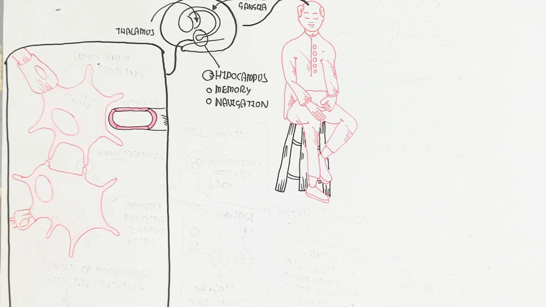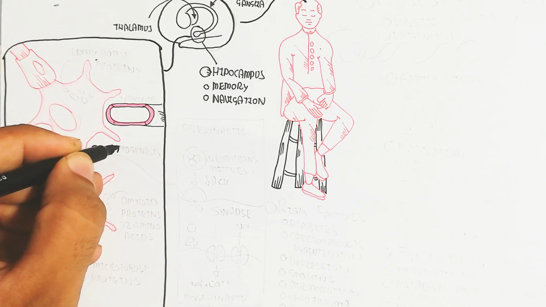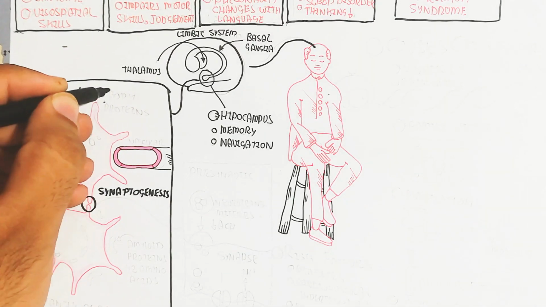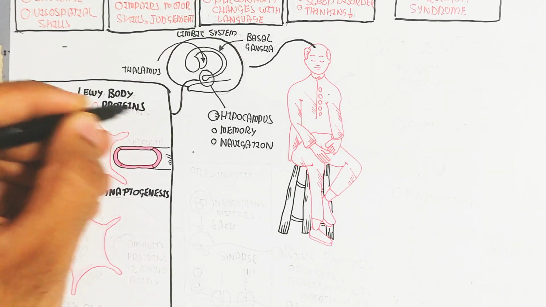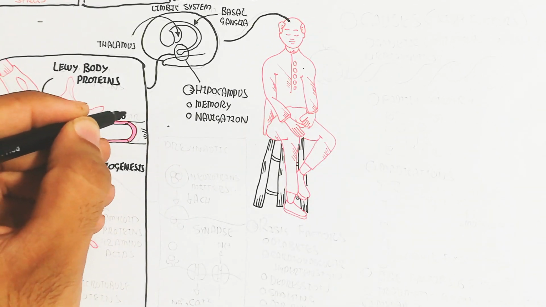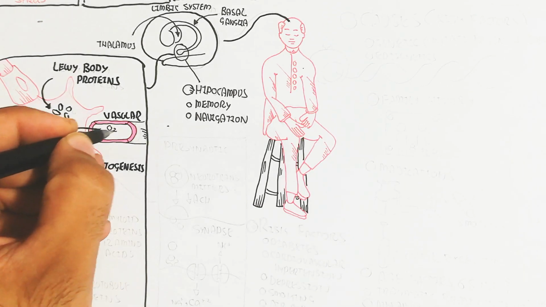So the major cause in the hippocampus is this dementia, and this is part of Alzheimer's disease. In Lewy body dementia, the Lewy body protein will be deposited in the neuron, in the soma. On the other hand, vascular dementia is hypoxia due to less oxygen being provided, from vascular disease.